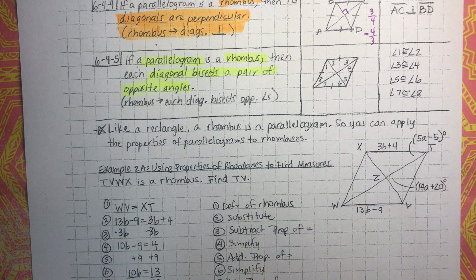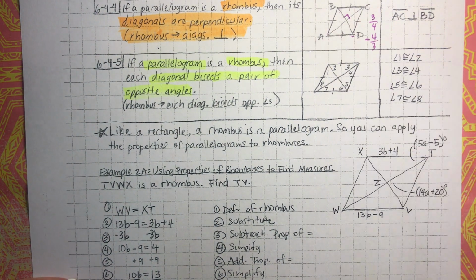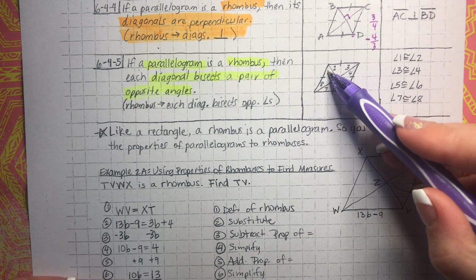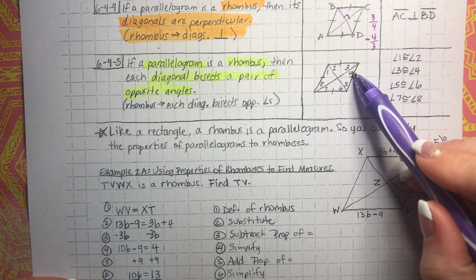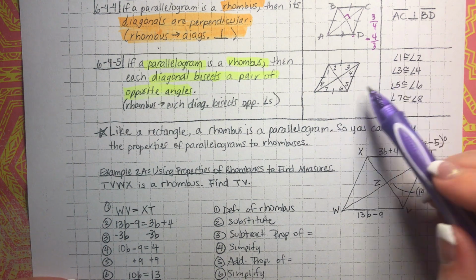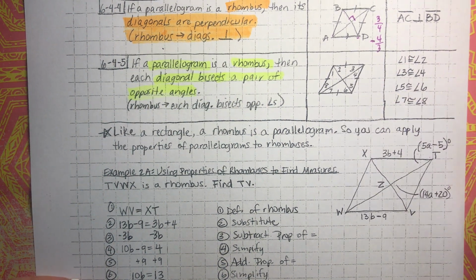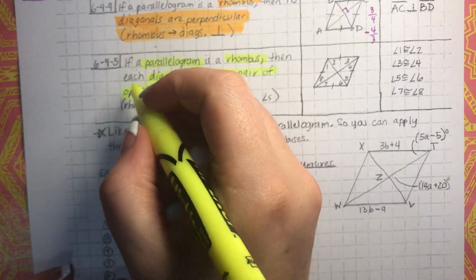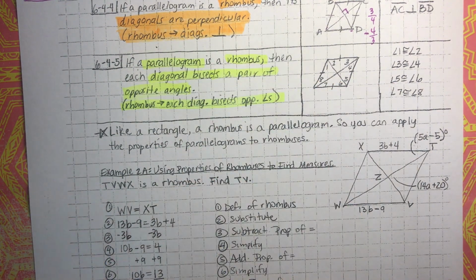So the diagonals are not only perpendicular, they bisect each angle. So this diagonal bisects this angle, so that means 1 and 2 are congruent. It bisects this angle, so 3 and 4 are congruent. It bisects this angle, so 5 and 6 are congruent. And it bisects this angle, so 7 and 8 are congruent. So if it's a rhombus, each diagonal bisects the opposite angles.